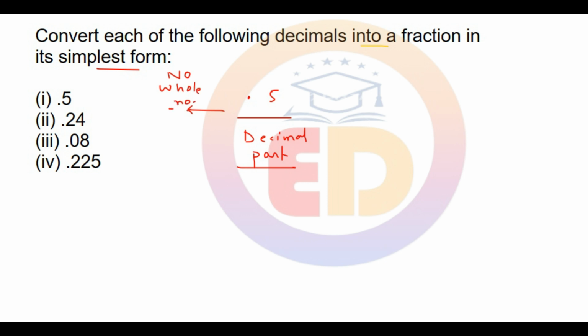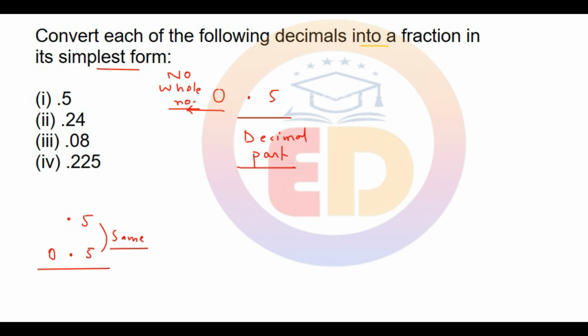You can write on your own a whole number 0 here, just for the sake of convenience. So 0.5 actually means 0.5. When there is no whole number part, you can give yourself a whole number part which can be 0. And 0.5 and 0.5 are same. There is no difference. They are equal.